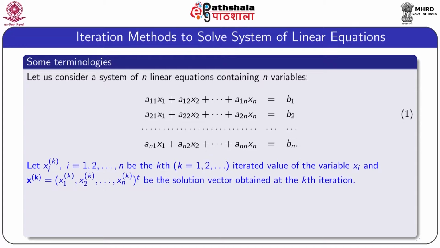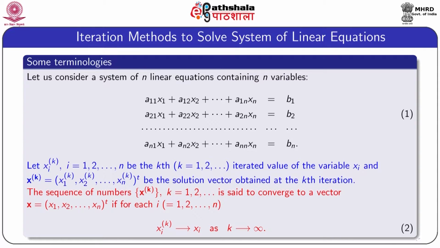Let xi^k denote the kth iterated value or the kth approximate value of the variable xi, and x^k is the vector of the kth iterated approximate solution, equal to (x1^k, x2^k, ..., xn^k) transpose. This is the kth iteration solution of the given system of equations.